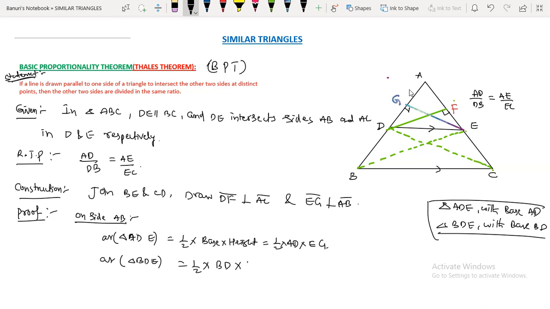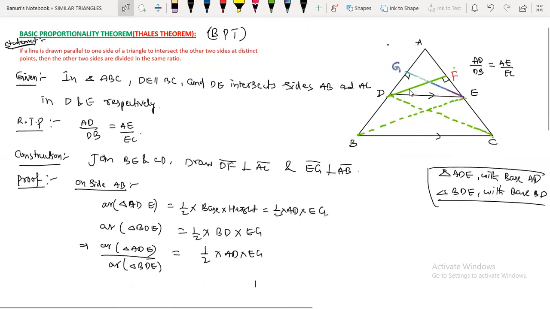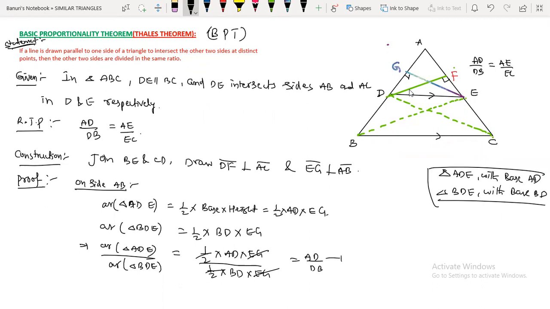Height will be the same for both, so EG. Let's take the ratio of these two. Area of triangle ADE by area of triangle BDE is equal to half into AD into EG upon half into BD into EG. So the half and EG get cancelled, and we will get AD by DB. Let it be equation 1.